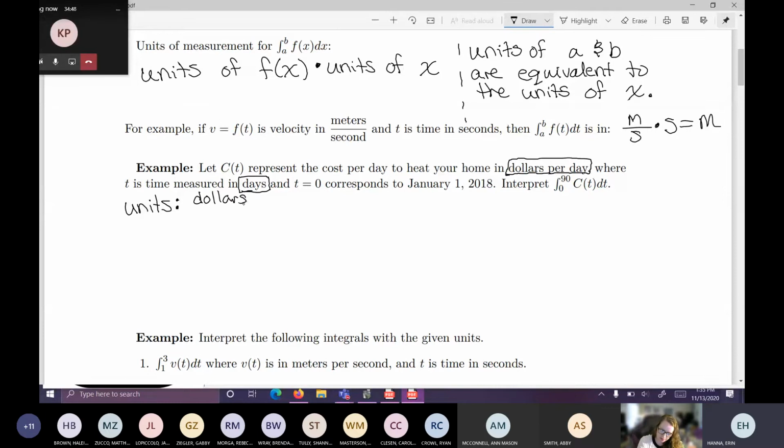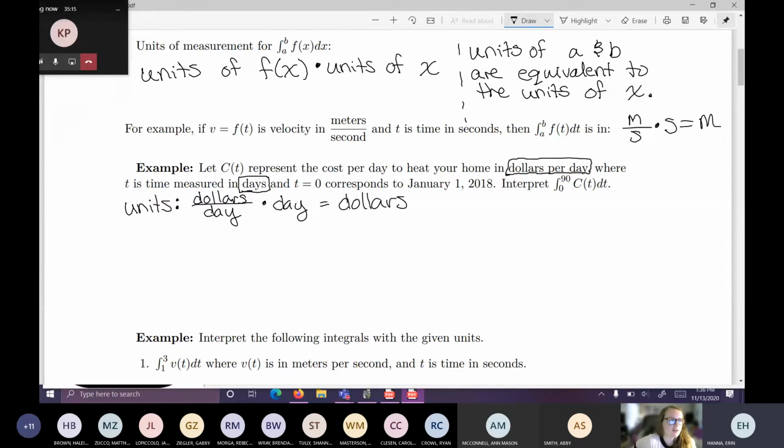That's going to get multiplied by the units of t, which is just days. So let me just write day. The day units are going to cancel each other out, so this integral is just going to represent an amount of dollars.